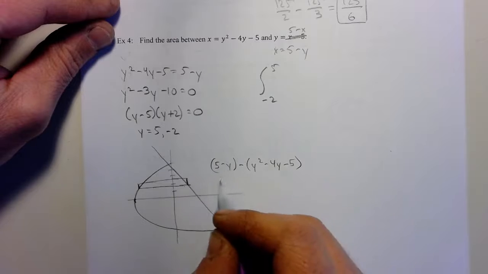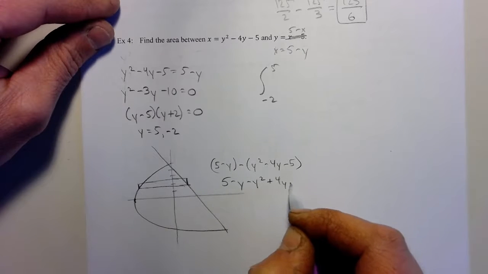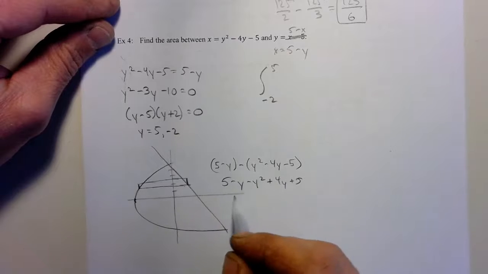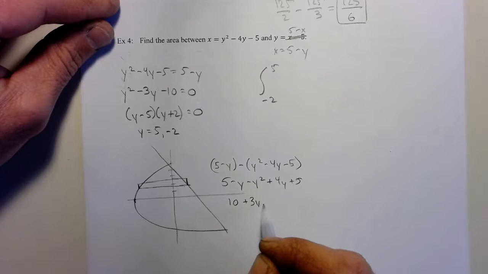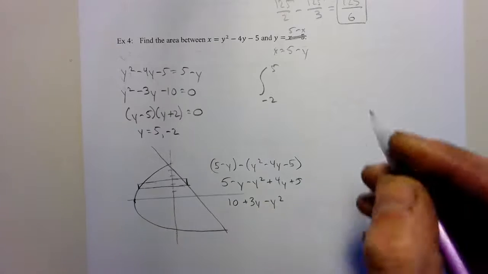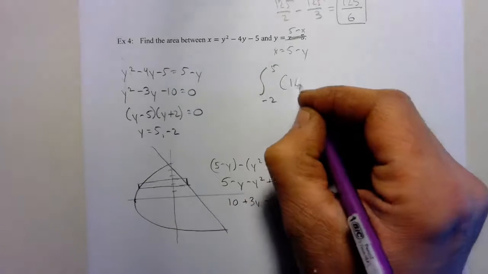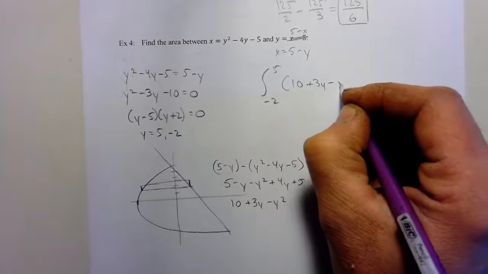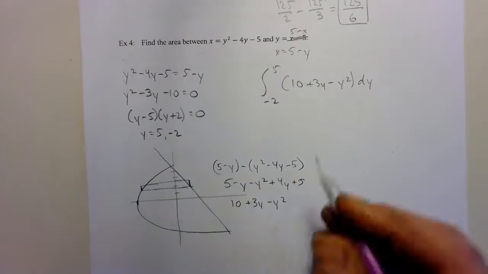So 5 minus y squared plus 4y plus 5. And so I can combine some like terms. I get 10. Okay, so we now take the antiderivative.